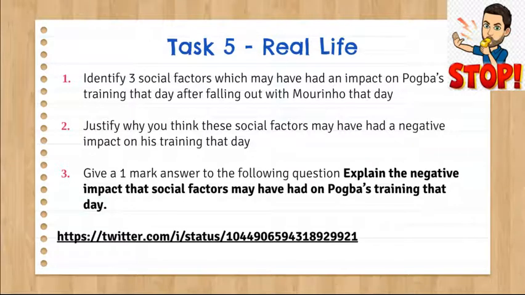Second part is justify why you think these social sub-factors had a negative impact. So it's just 1 sentence. Why might that social factor have a negative impact? And then third task is to give a 1-mark answer on the following question. If you pause the video just now and give yourself a bit of time to work through these 3 tasks.